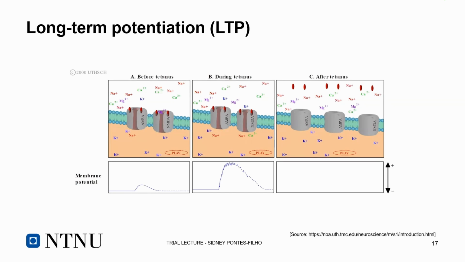Depending on the concentration of calcium ions, it triggers the addition of AMPA receptors. In the third video, we have an additional, second AMPA receptor, and this facilitates the membrane potential to increase, facilitating this cell to create an action potential or to fire.